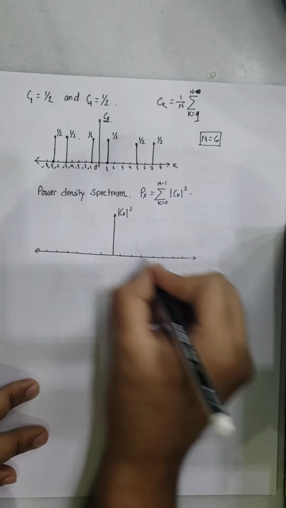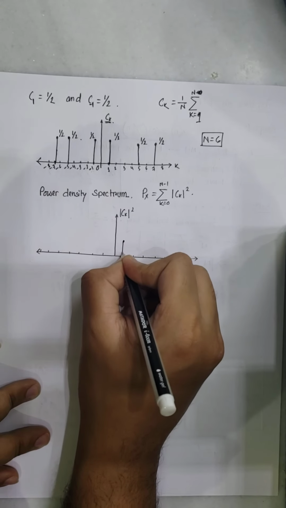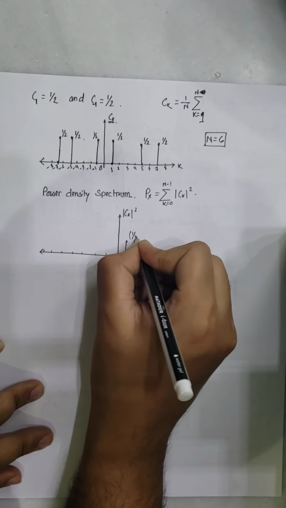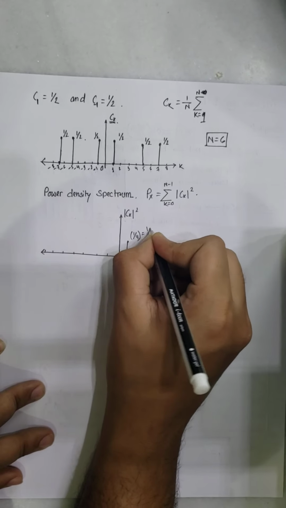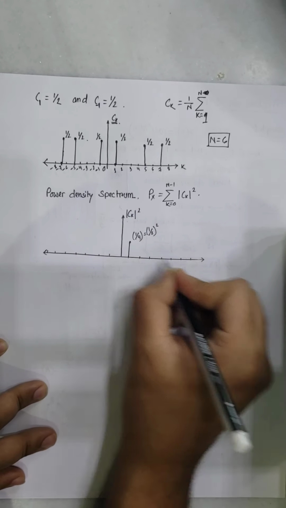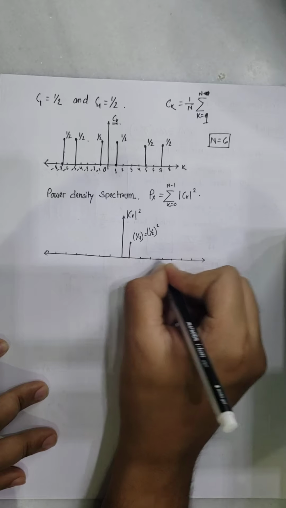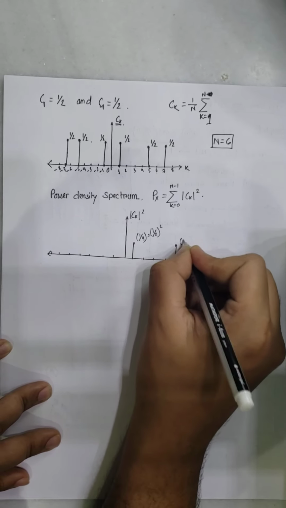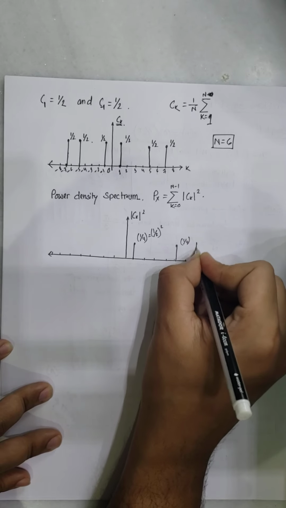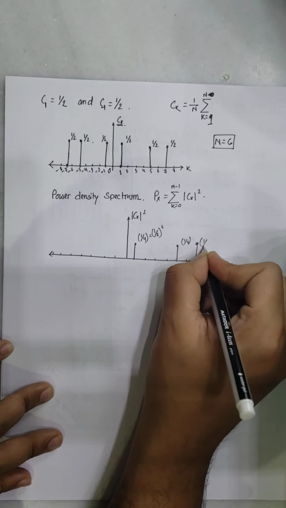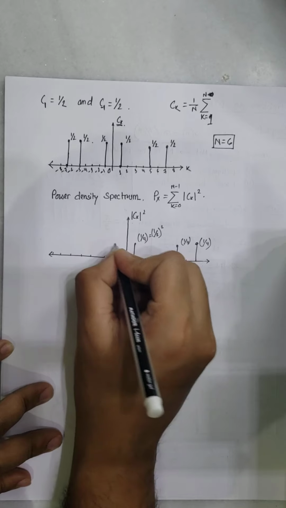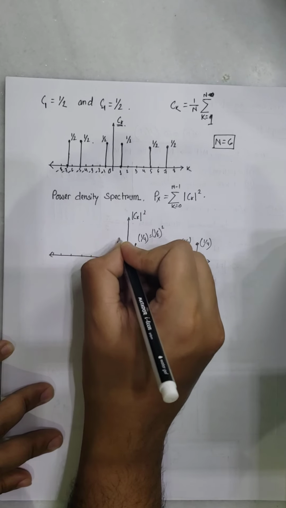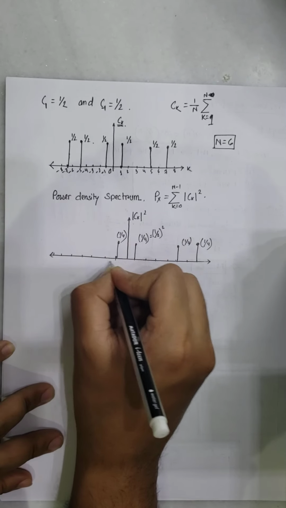So we get a sample here, the value will be 1 over 4, that is 1 over 2 squared. And in the fifth sample, it will also be 1 over 4. In 7, this will also be 1 over 4. In negative 1, this will be 1 over 4.